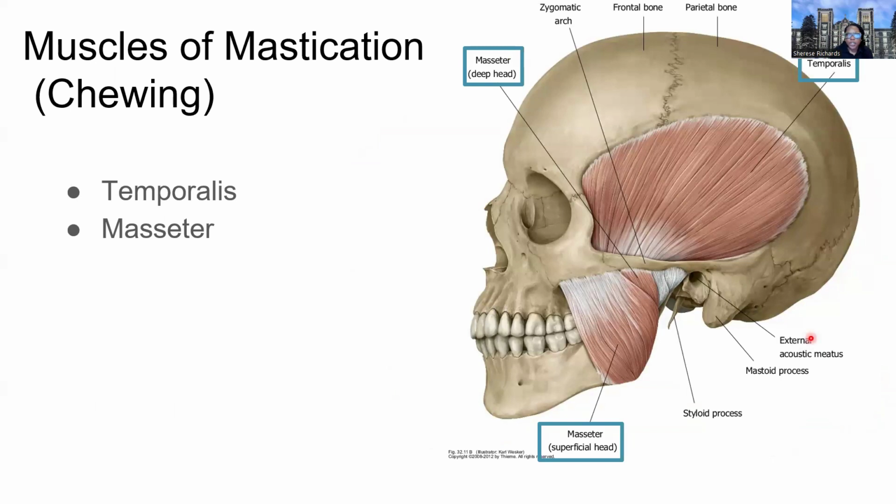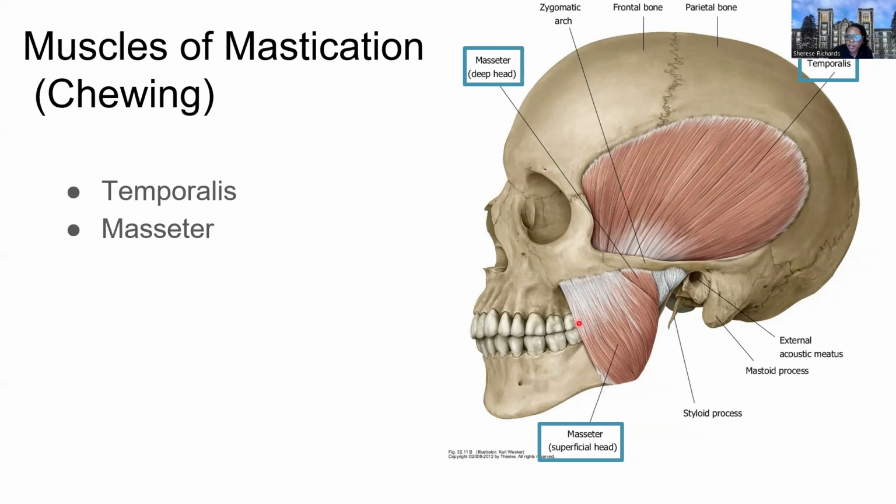And then we want to introduce two muscles of mastication as we're speaking about the head, the jaw, the face, and some of the related structures: the temporalis and the masseter. These are two of our muscles of mastication that help with the movement of the jaw, the temporomandibular joint, that help us to chew, and even certain aspects of speaking, swallowing, etc. So the temporalis is the large muscle in the temporal region.